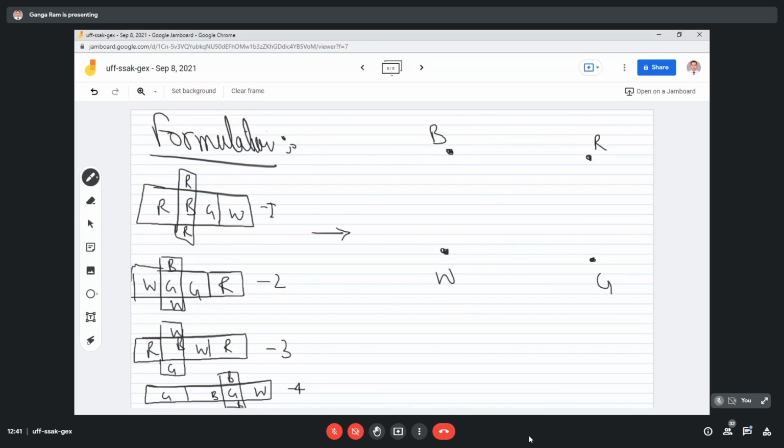Now what will we do? Suppose we take the first cube. First I will take the first cube here. This is the first cube.